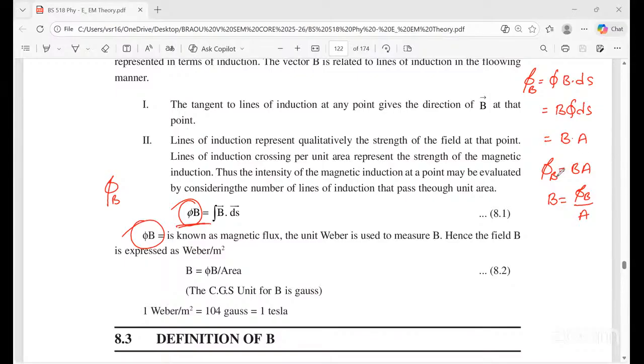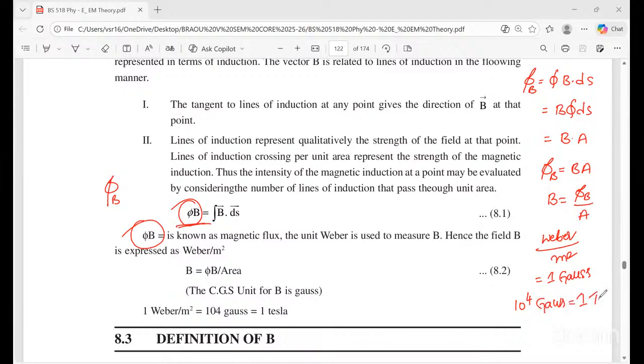Okay? So phi B is measured in Weber, and area in meter square. Weber per meter square is nothing but a Tesla. Weber per meter square is 1 Tesla, which is 10 power 4 Gauss.